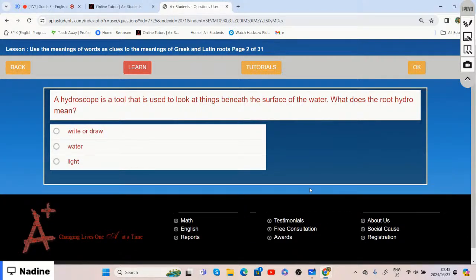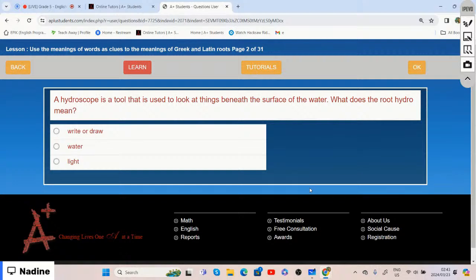A hydroscope, right? A hydroscope is a tool that is used to look at things beneath the surface of the water. So what does the root hydro mean? Is it to write or draw?